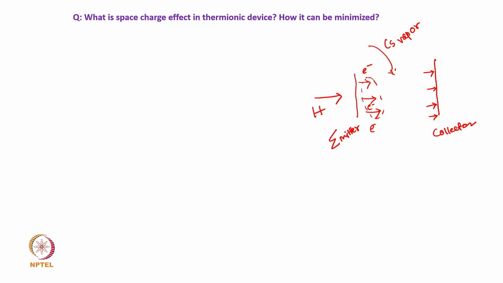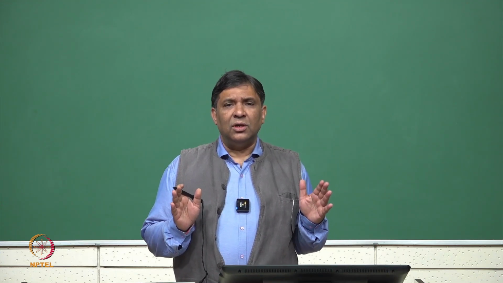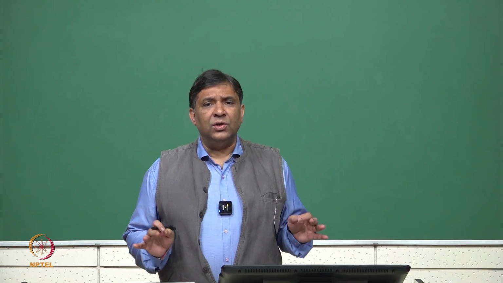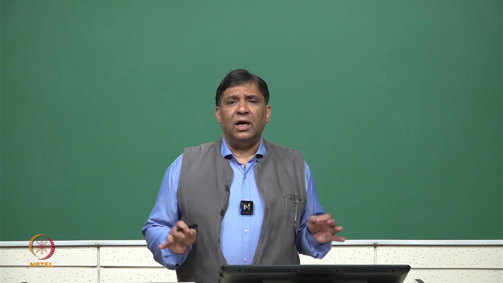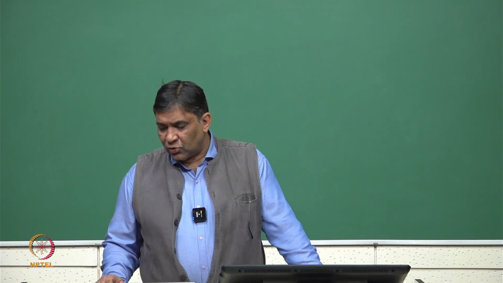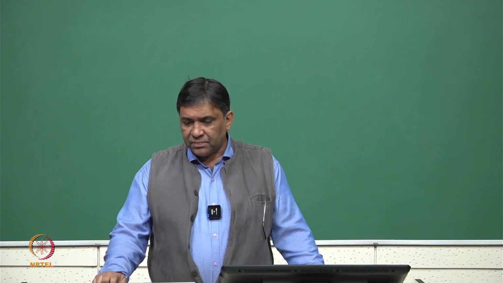Then the motion of the electrons is not hindered, and they flow nicely from the emitter to the collector. Another important thing is the optimization of the distance between the two electrodes. So, one is to flow cesium vapor to neutralize the space charge, and the other is to optimize the distance between the emitter and the collector, so that the space charge is minimum.